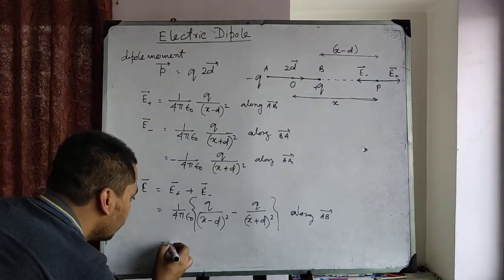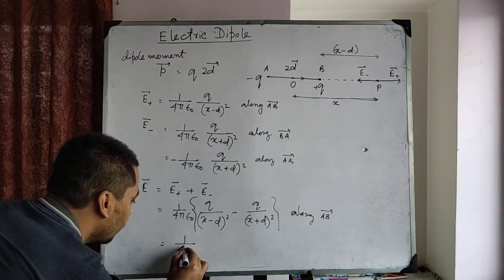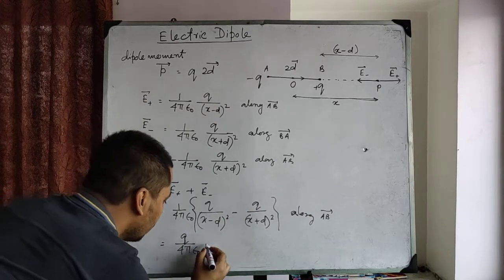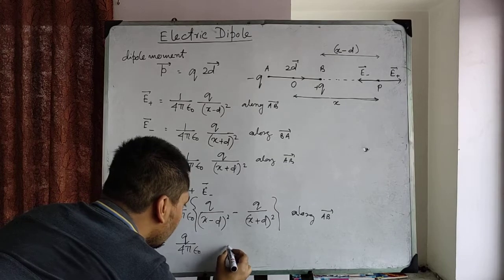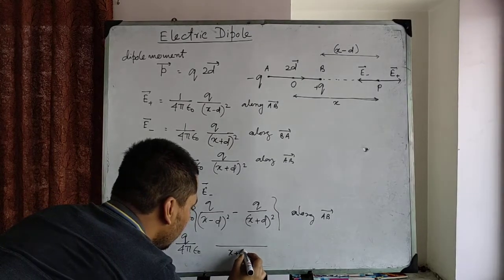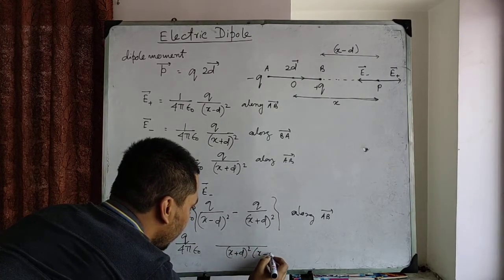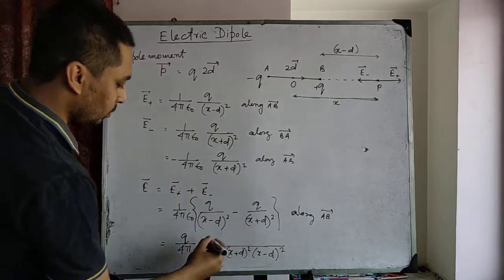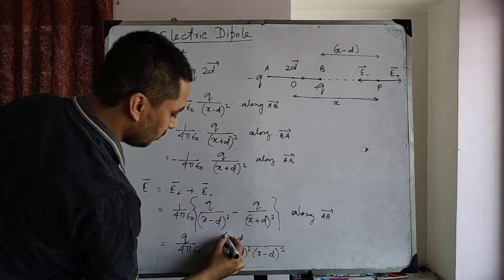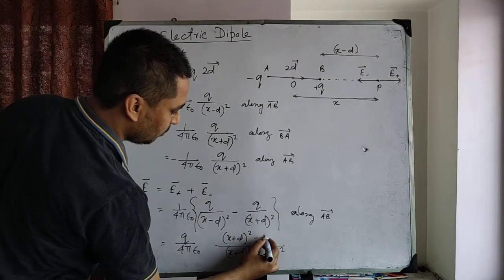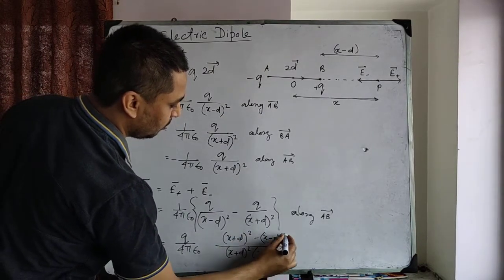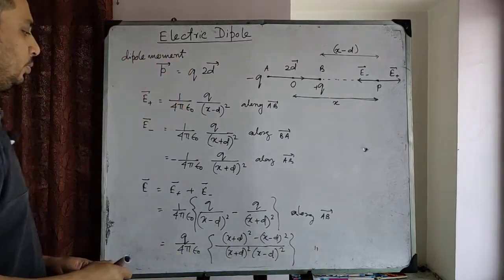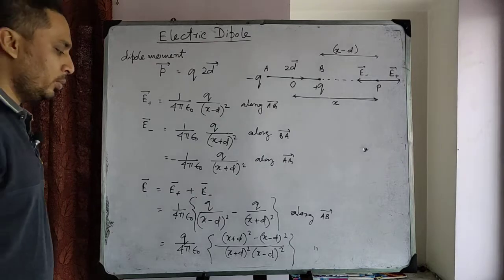So this is equal to 1 by 4 pi epsilon naught, take q common, over x plus d whole square into x minus d whole square, along AB.